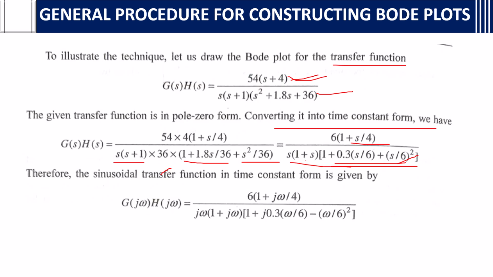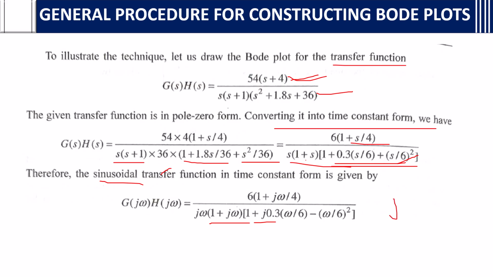So when it is in this form, you can convert it into the sinusoidal transfer function, by substituting s equals j omega. When you put j omega, what happens? 6 into (1 plus j omega by 4) by j omega into (1 plus j omega) into (1 plus j 0.3 omega by 6 minus (omega by 6) whole square).